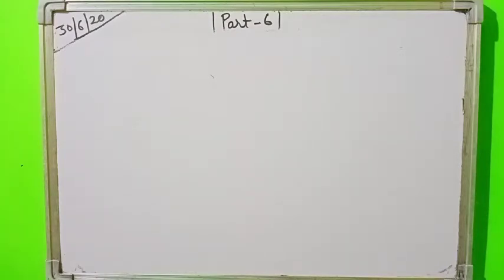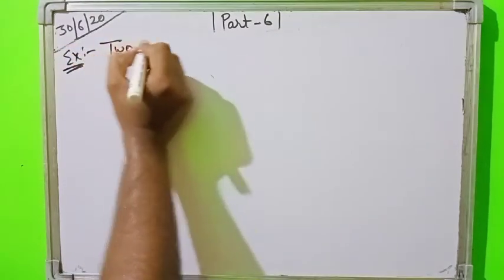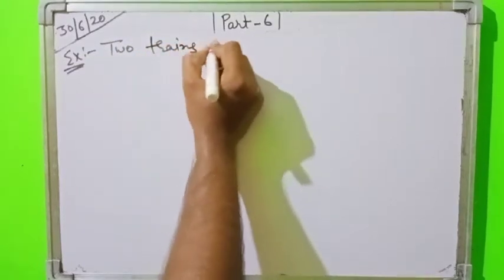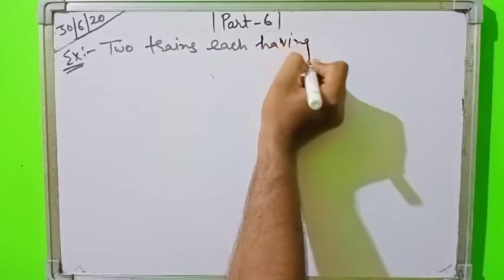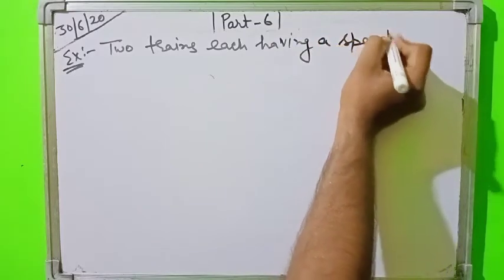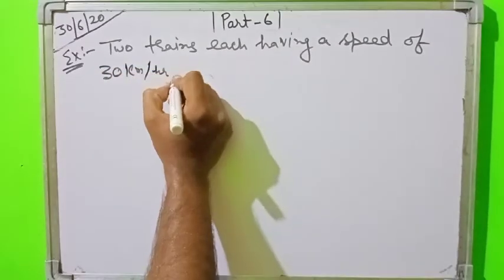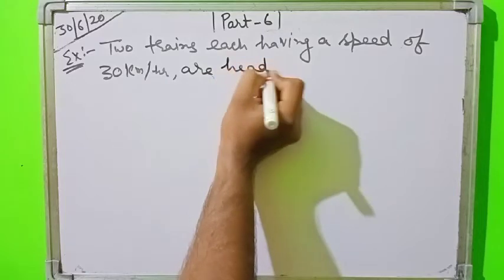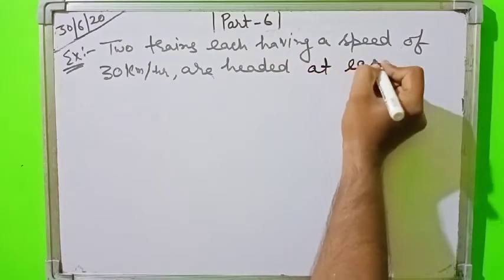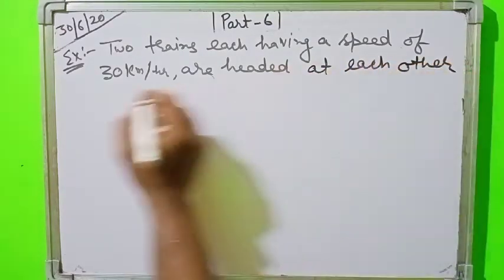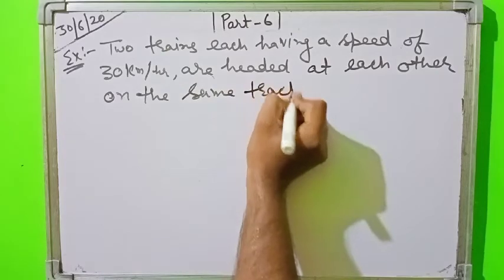Two trains, each having a speed of 30 km per hour, are headed at each other on the same track.